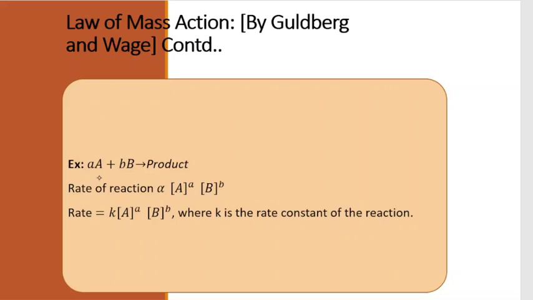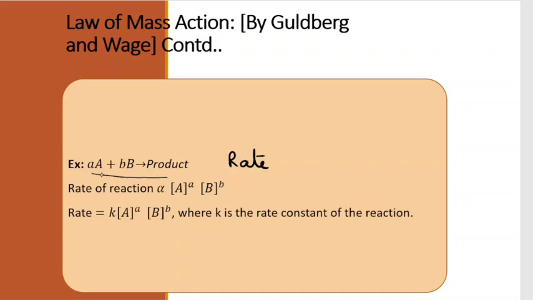Suppose I consider a reaction aA plus bB gives products. Let us suppose this reaction is taking place with some rate. How does that rate depend? The more the number of moles of A and B, the more the speed. If we take more and more reactants, the reaction speed is more. That is what the law of mass action is all about.